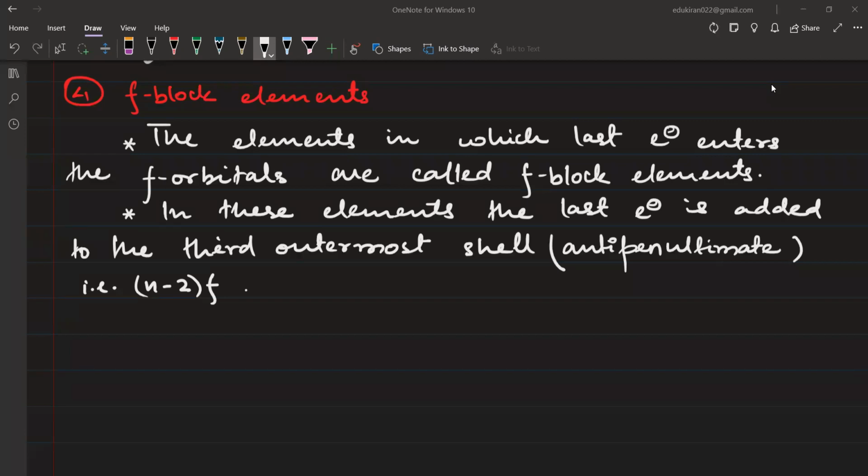Okay, so it consists of two series. So we have lanthanum, and after lanthanum we have lanthanoids, and then we have actinium, and after actinium we have actinoids. Okay, so please write. It has two series.